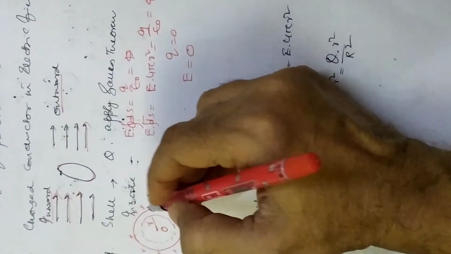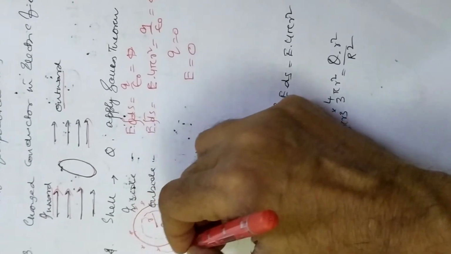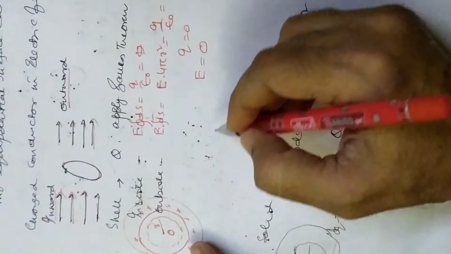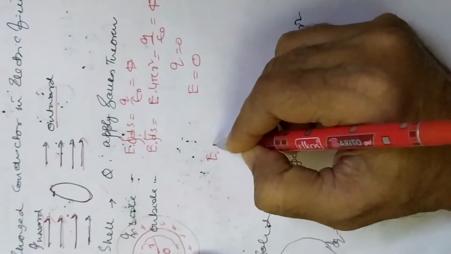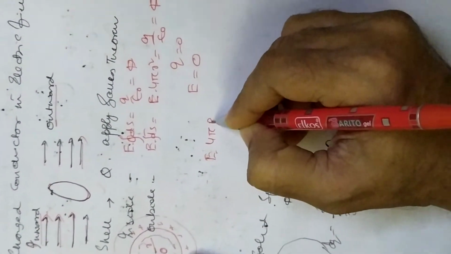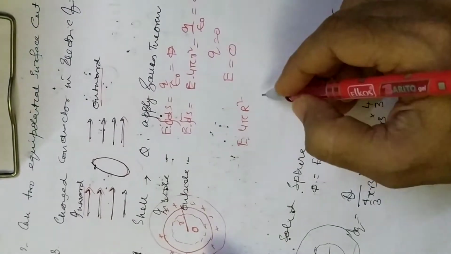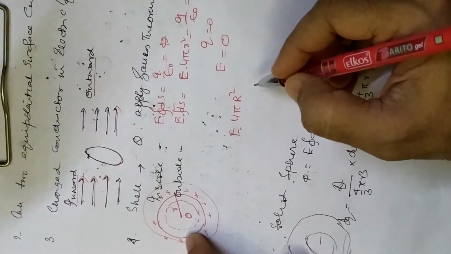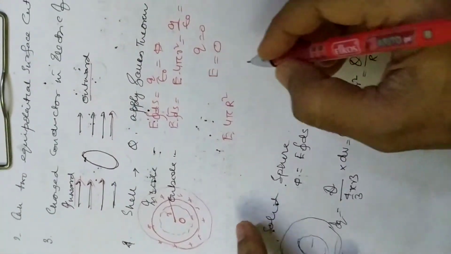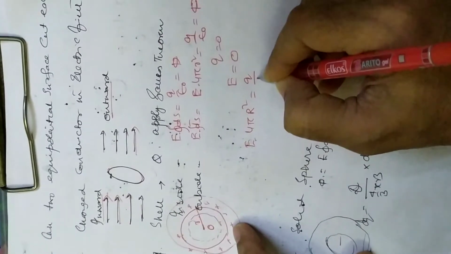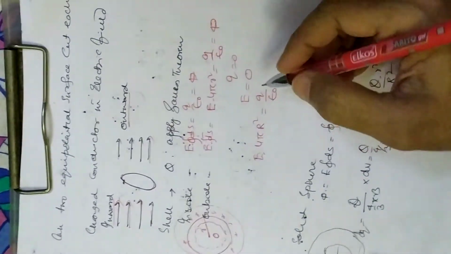What is the electric field outside the conductor? Suppose this is outside the conductor, and we find it by the same theory: E into 4 pi R square, taking capital R just at the surface. So 4 pi R square E equals Q by epsilon, where Q is the total charge.